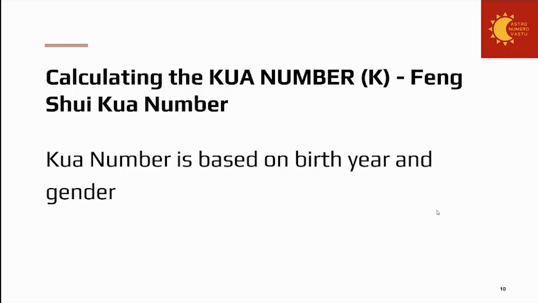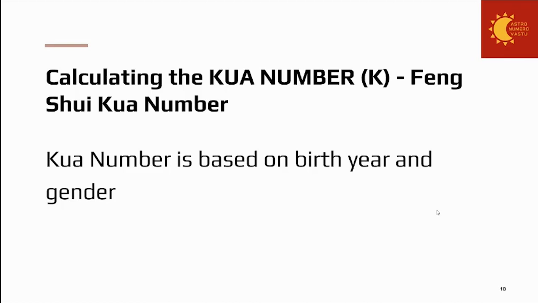KUA number is based on the birth year and gender. So as you can see, this specific calculation is based on the gender of the individual. That means when we are generating a numeroscope, I had told you in the previous video that we need certain parameters in order to generate a numeroscope for an individual. This is similar to the way we generate a horoscope.